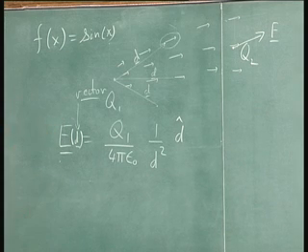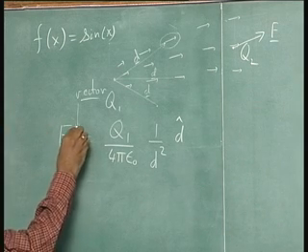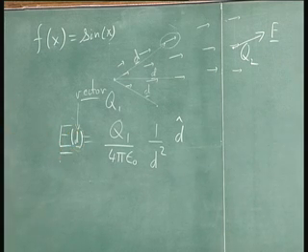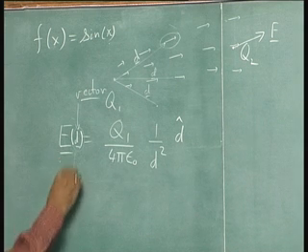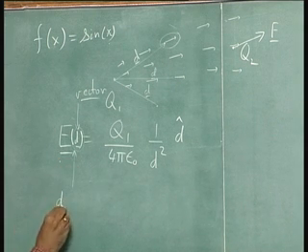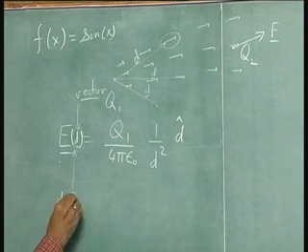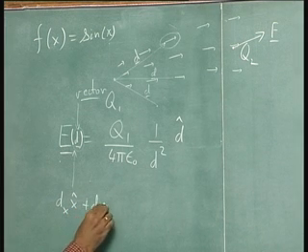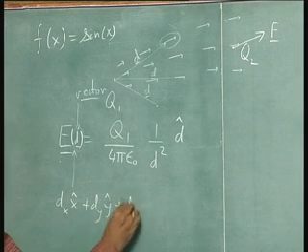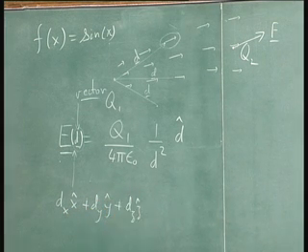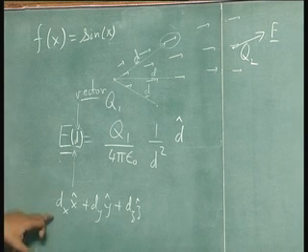Similarly, here I have a vector variable, that is d is actually d along x in the x direction plus d along y in the y direction plus d along z in the z direction. So, this is my variable.